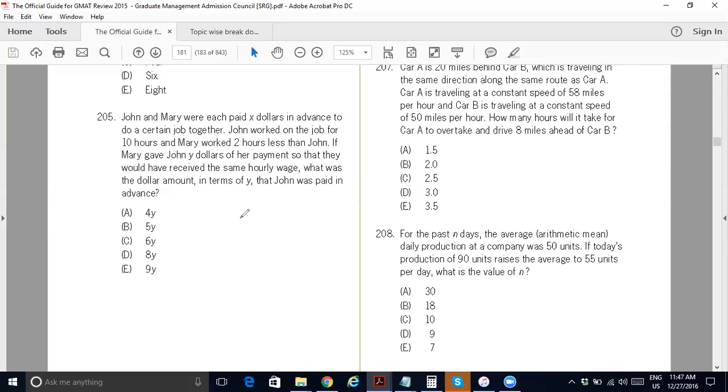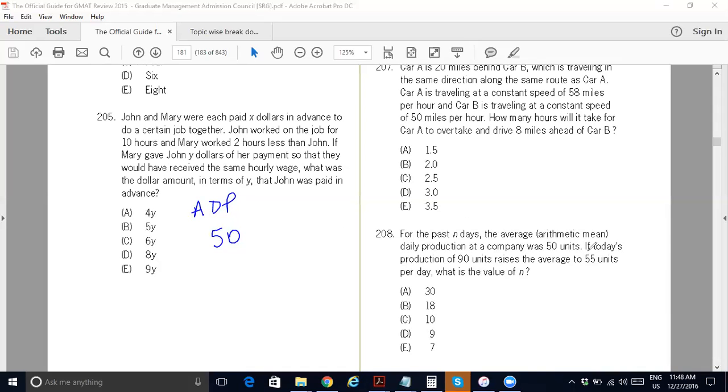That is the question. For the past n days, the average daily production at a company was 50 units. So I'm writing 50 on the left. And what does 50 represent? 50 represents average daily production. All the three numbers on the top must have the same units. They all should represent average daily production.